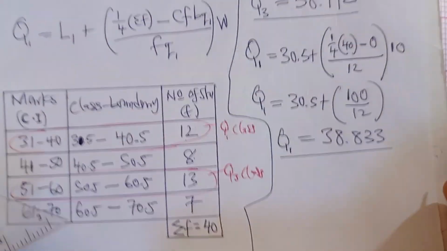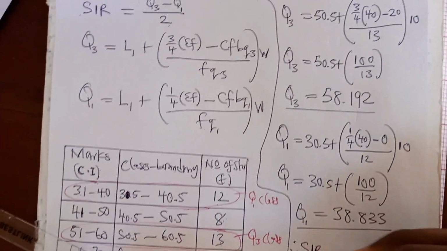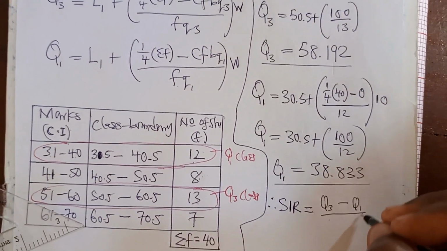Now that we know Q1, we can say, therefore, the semi-interquartile range is equal to Q3 minus Q1 over 2.